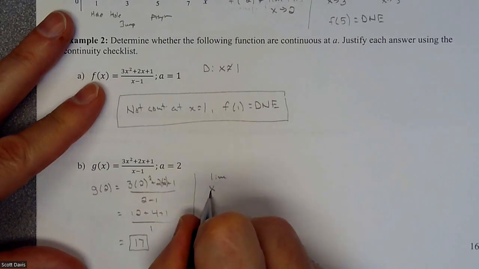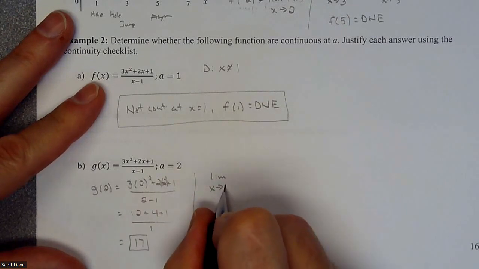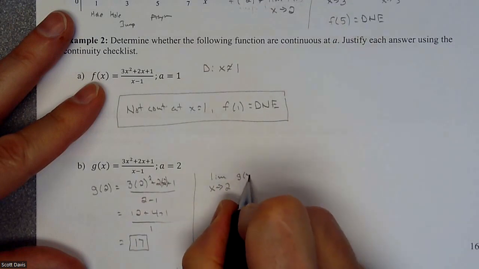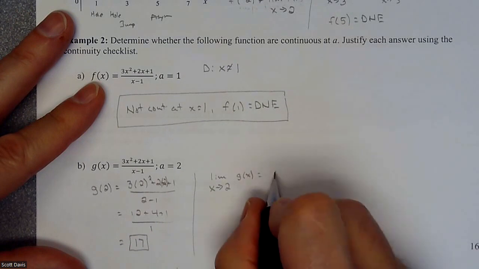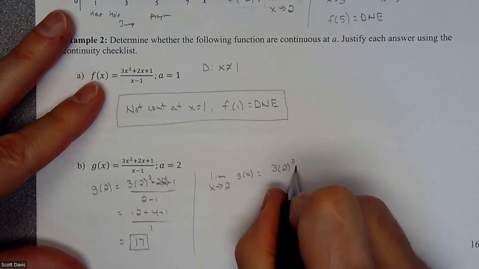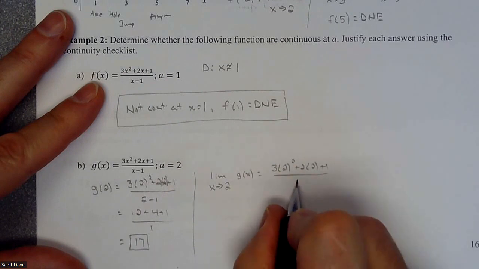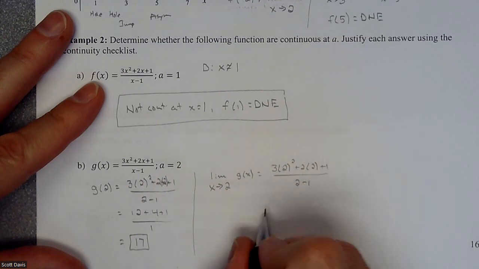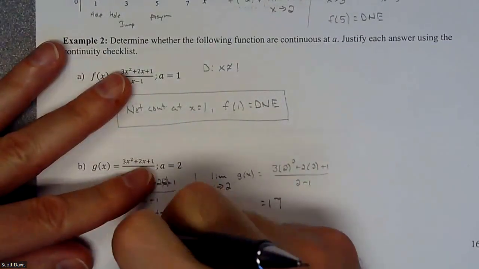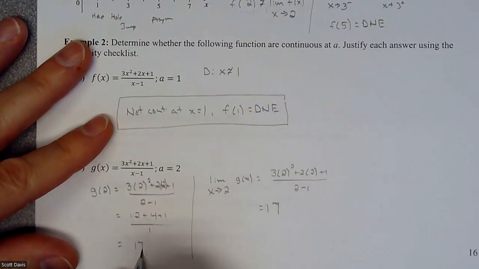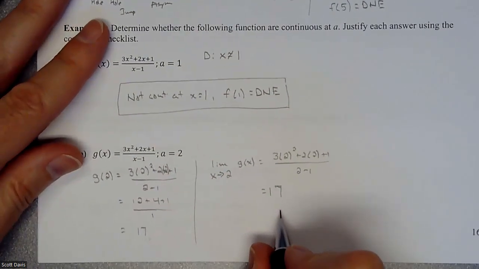Then we'll do the limit. Now the limit, when we know that there is not a problem around that number, is as straightforward as plugging it in. So we're going to do 3 times 2 squared plus 2 times 2 plus 1, all over 2 minus 1, which we just did, and we know that we're getting a 17 out of that. So we're getting a 17 on the y value, and we're getting a 17 on the limit.